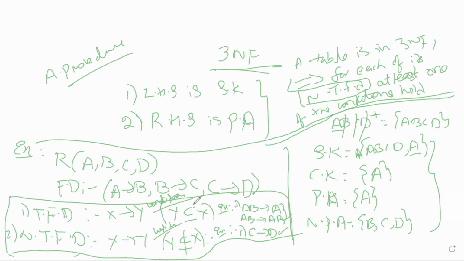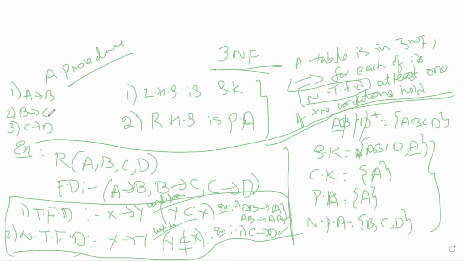So we'll now check the two rules for the given functional dependencies. I'll take each functional dependency separately and check the two conditions.